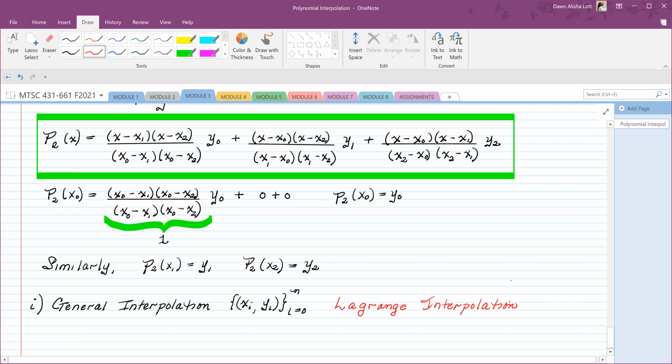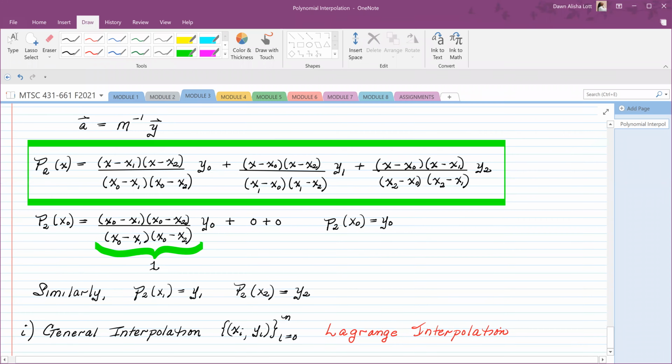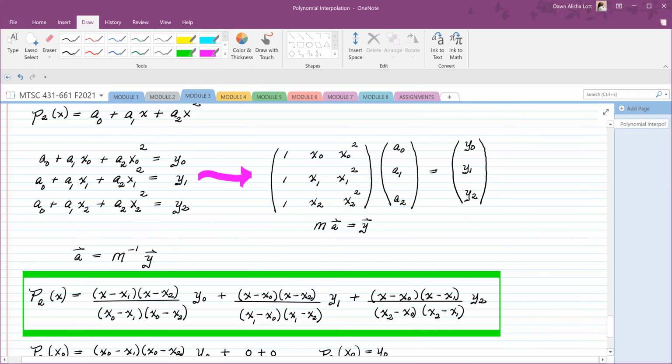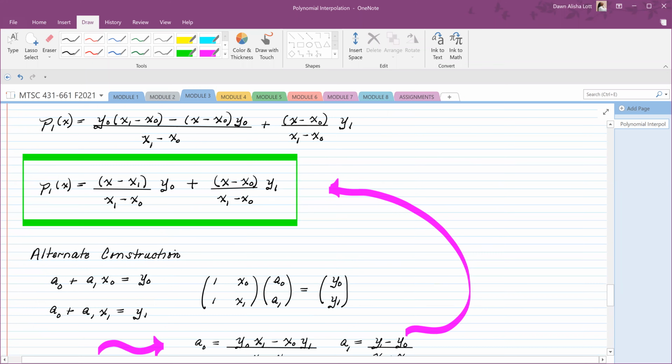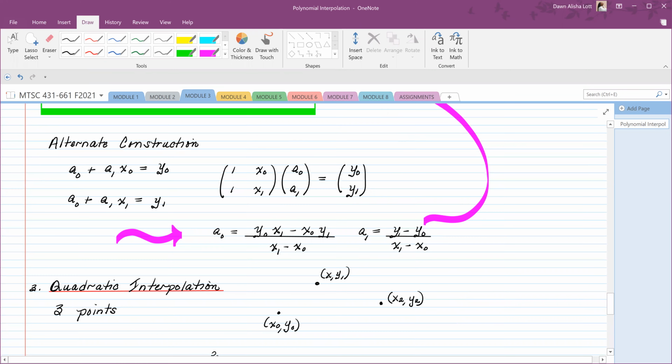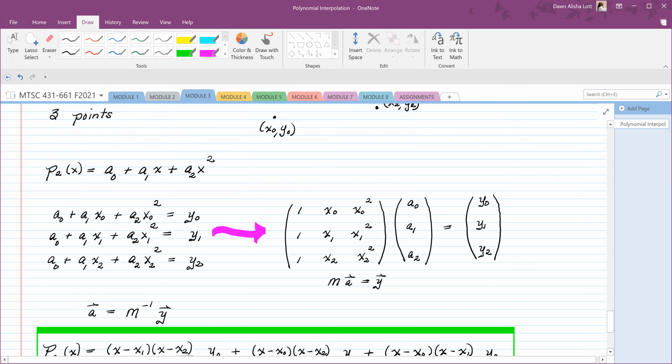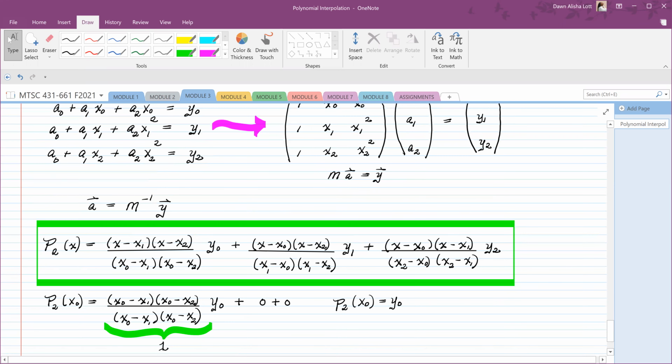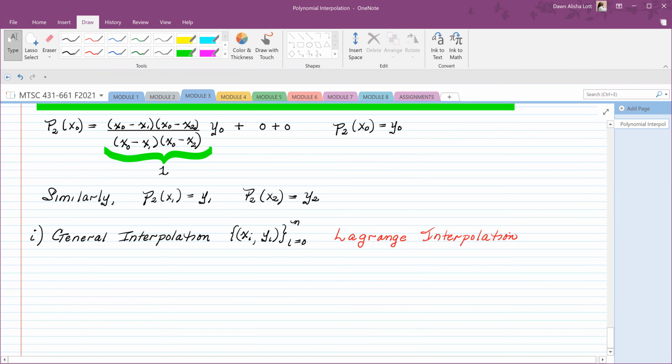We already saw what P1 looked like when we had a linear interpolation, and when we did a quadratic interpolation, we saw what P2 looked like. What we now want to define for general or Lagrange interpolation is Pn of x.